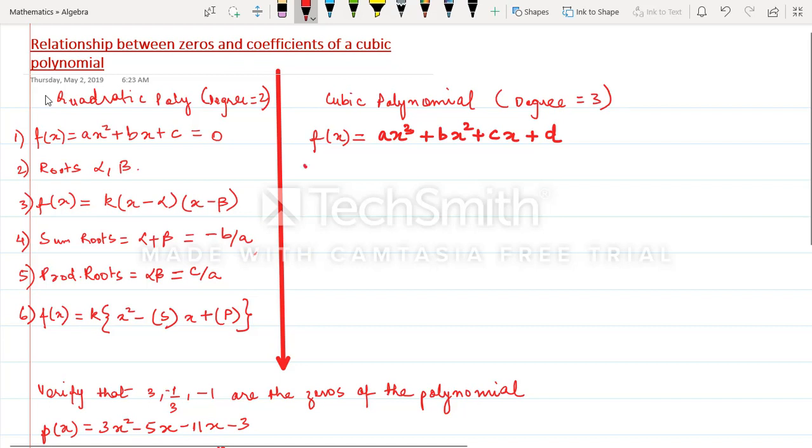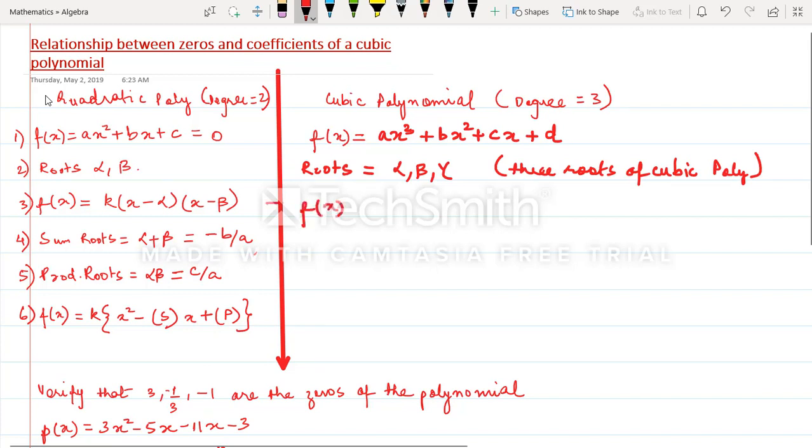Second, the roots of a cubic polynomial are denoted by alpha, beta, and gamma. There are three roots of cubic polynomials. Now the general form of the equation, an extension of this part, is f of x is equal to k times x minus alpha, x minus beta, x minus gamma.